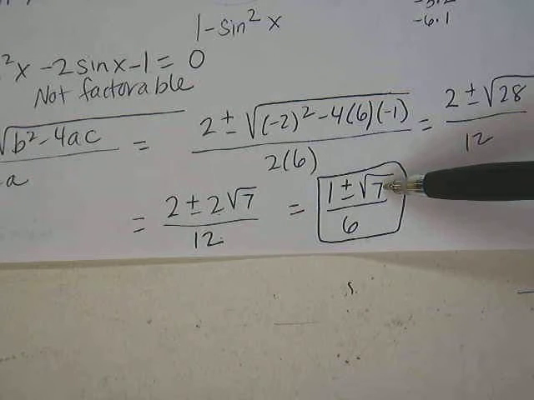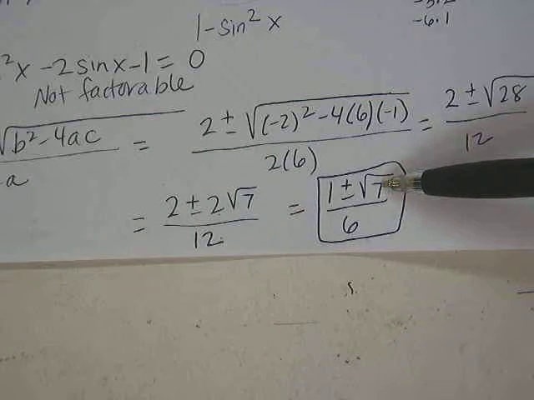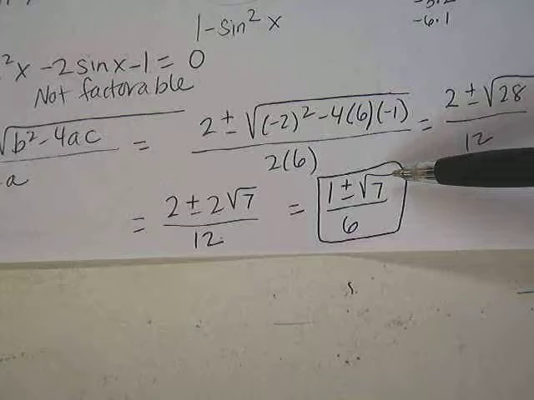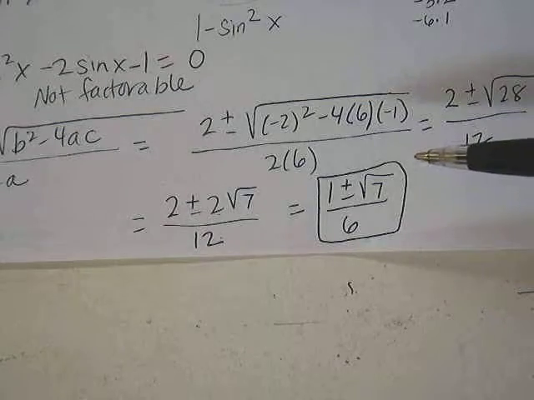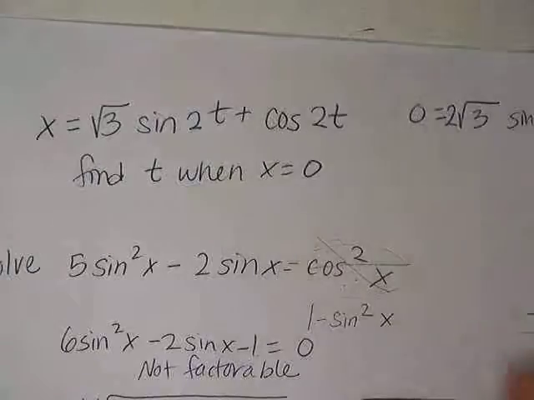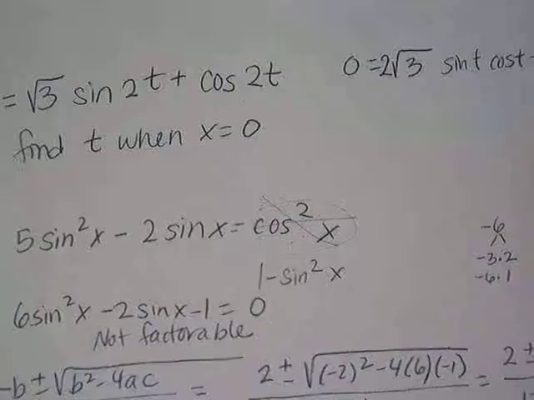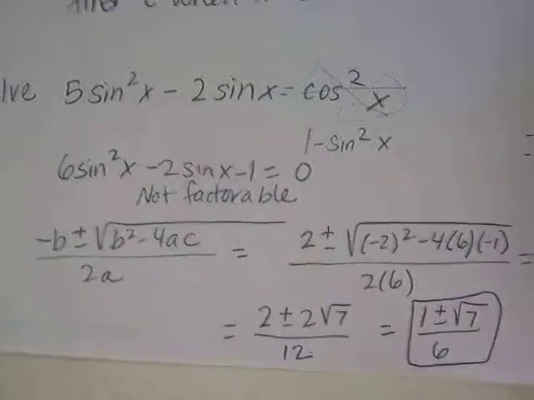The only concern I have is that 1 minus square root of 7 is going to be a negative number, and I don't know if we can have a negative answer for time. How do they leave the answer in the back? Oh, it's not time.